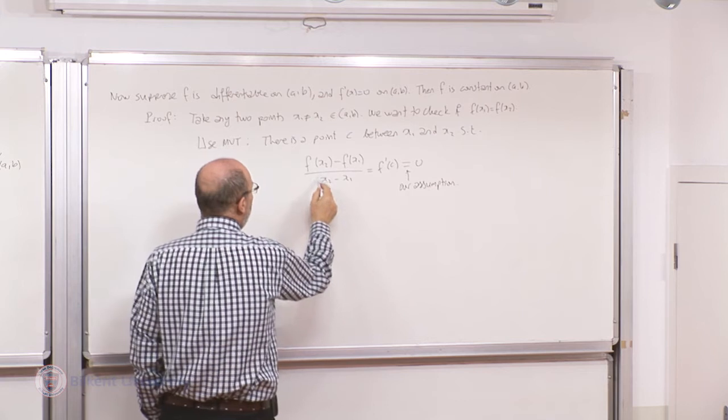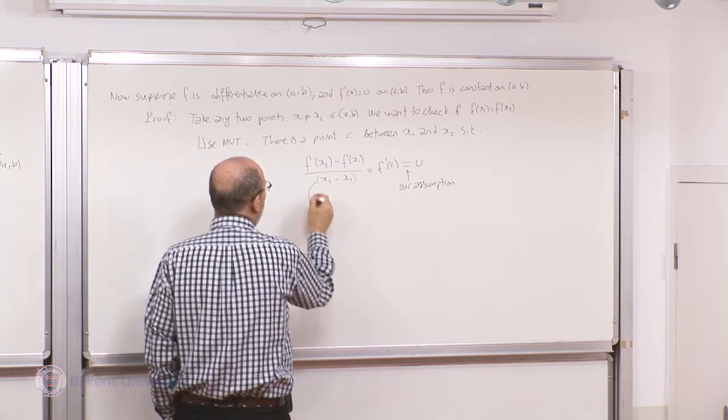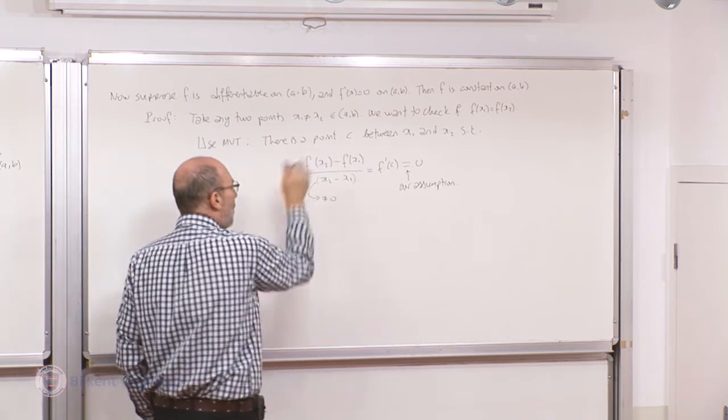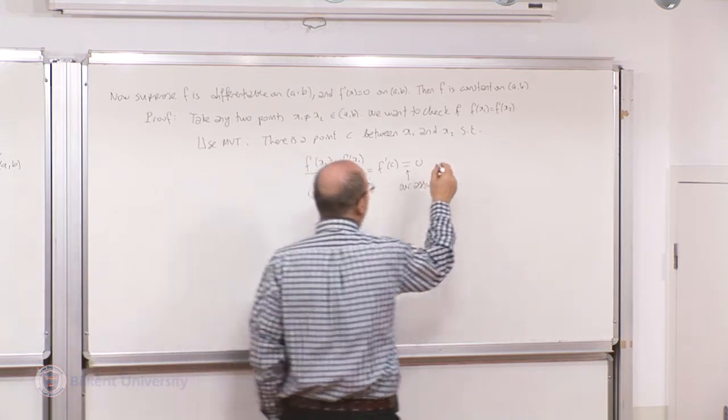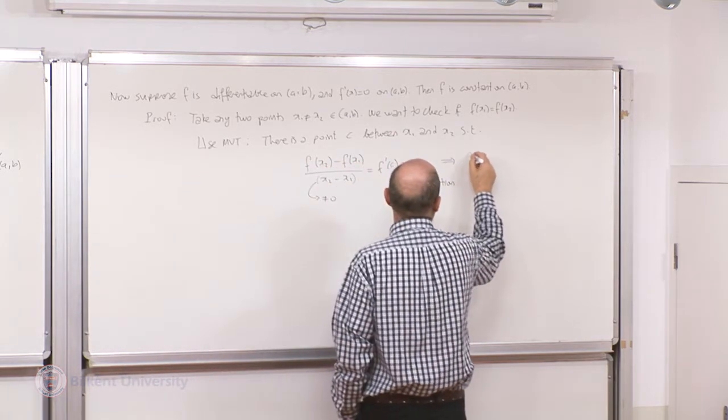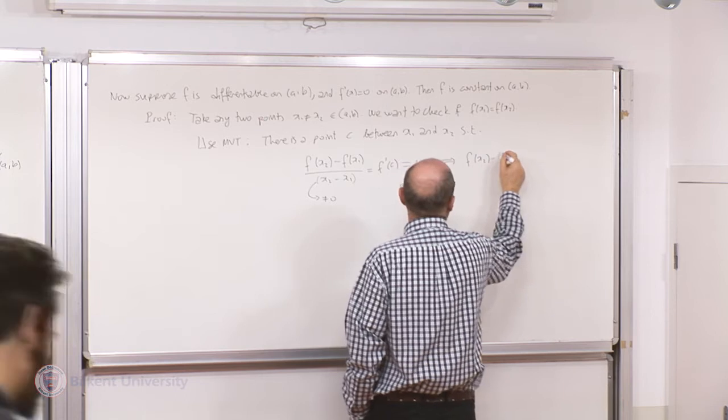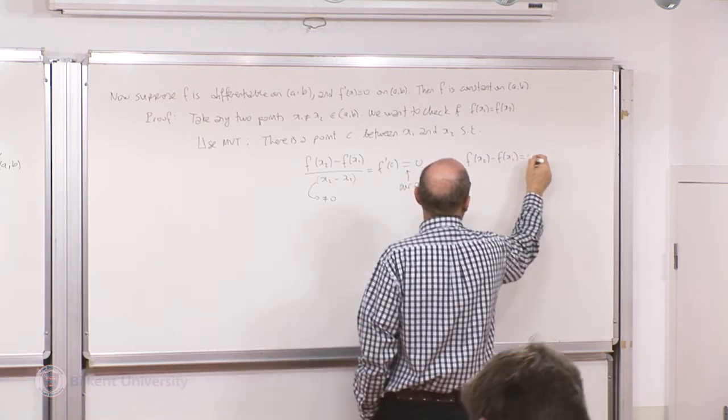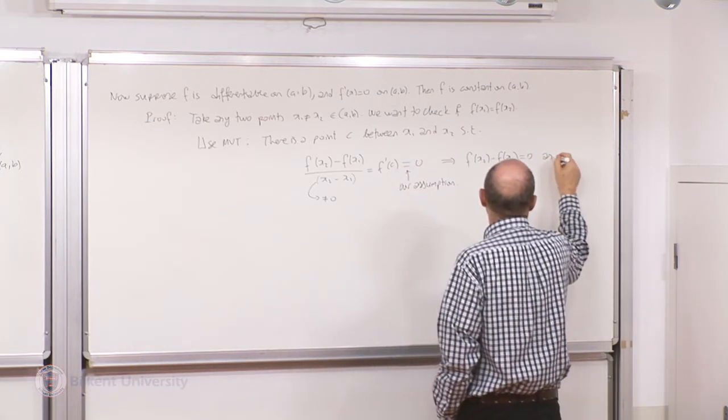And x2 minus x1 is different than 0, so this part makes sense. So this implies that f of x2 minus f of x1 is 0, as expected.